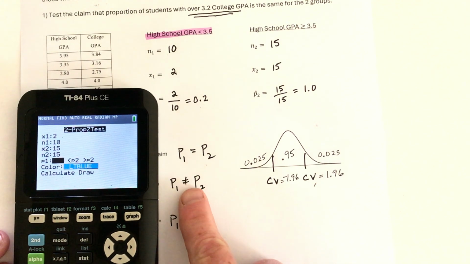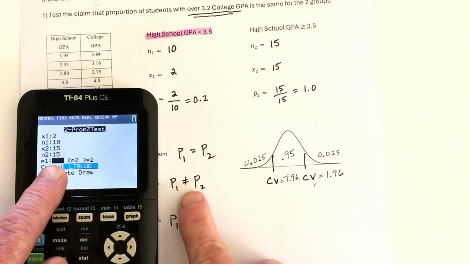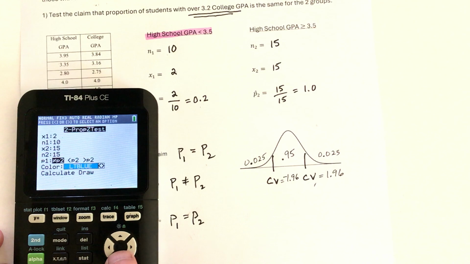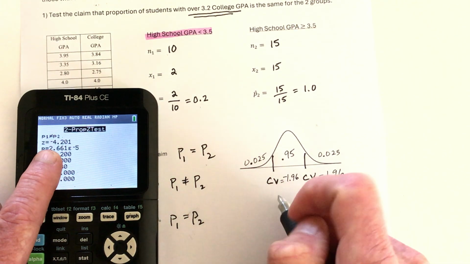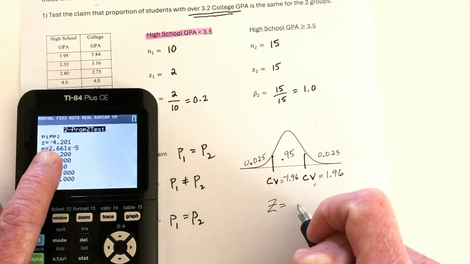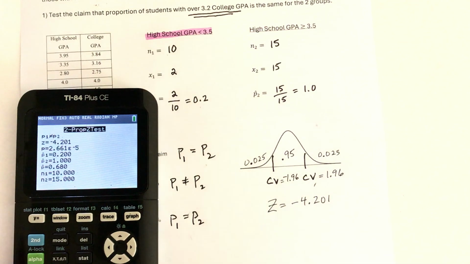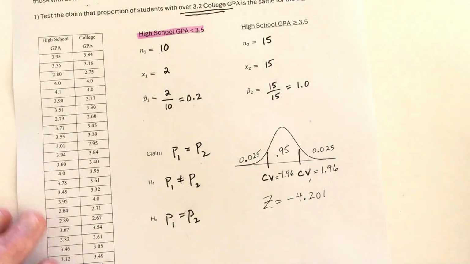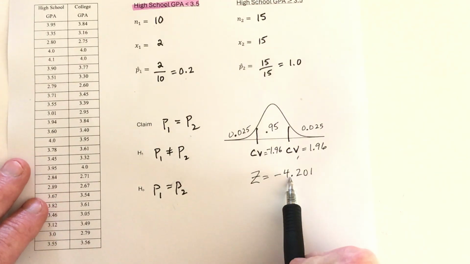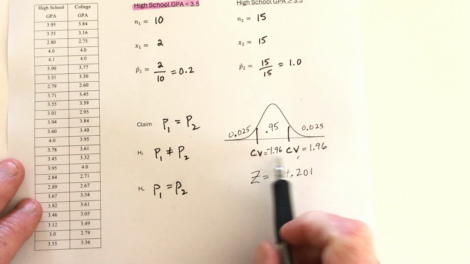And then H1 right here had the not equals, so this should say not equals, and then calculate. And the z is equal to negative 4.201.